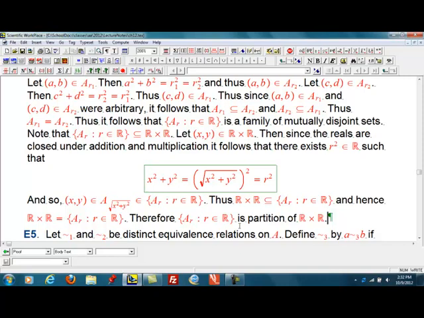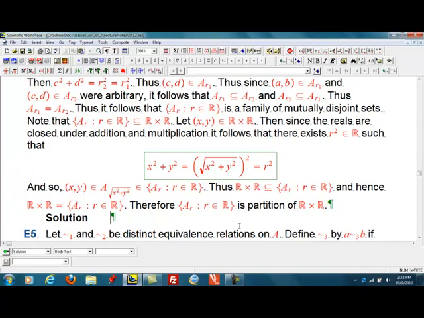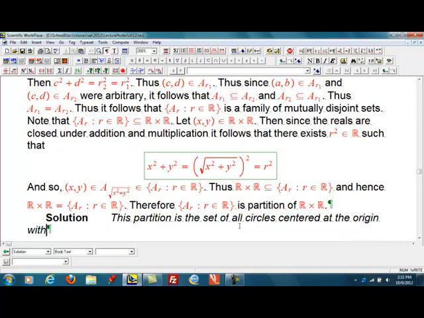The second part said give a geometric description. What is our geometric description? This is a set of all circles centered at the origin, right? With radius r in the reals.